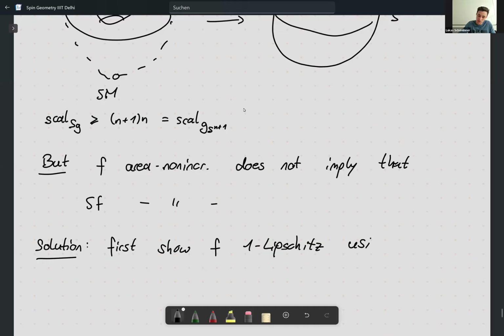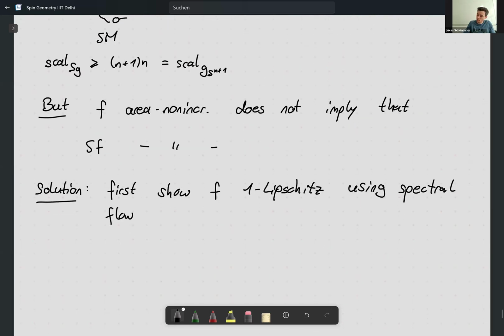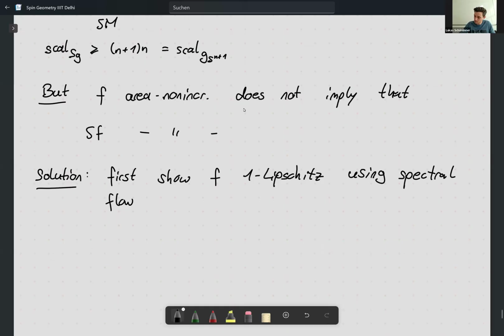And for this, we use spectral flow. And then we can play the whole game with the spherical suspension.